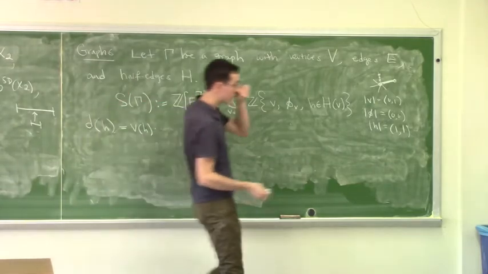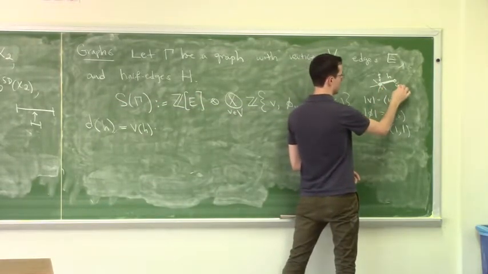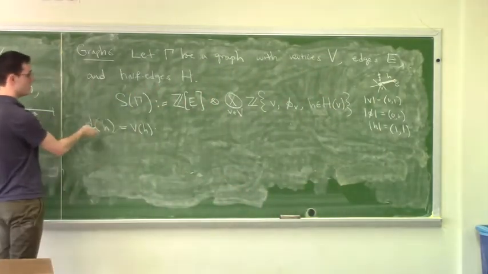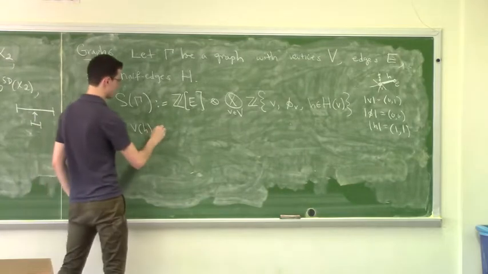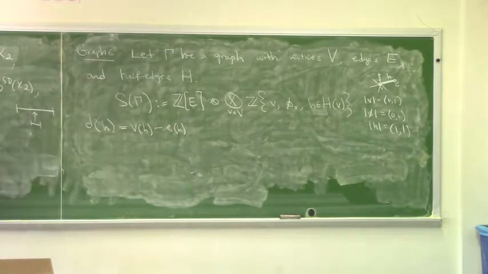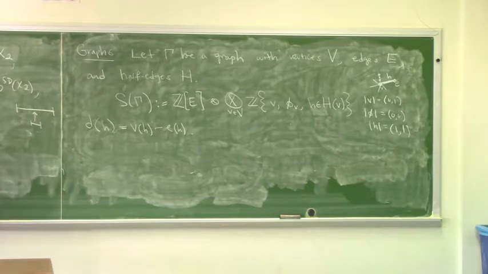Okay, this is just what you expect it to be. Here's H, here's V, and here's a point on the edge, E. So D on that one cell is just the difference of the corresponding 0 cells. Okay. And that's it. That's S of gamma.